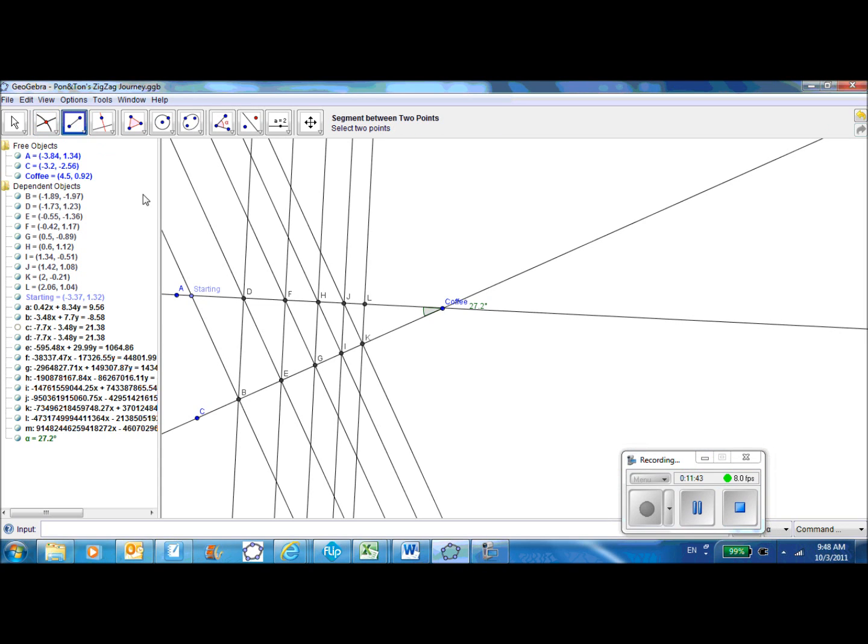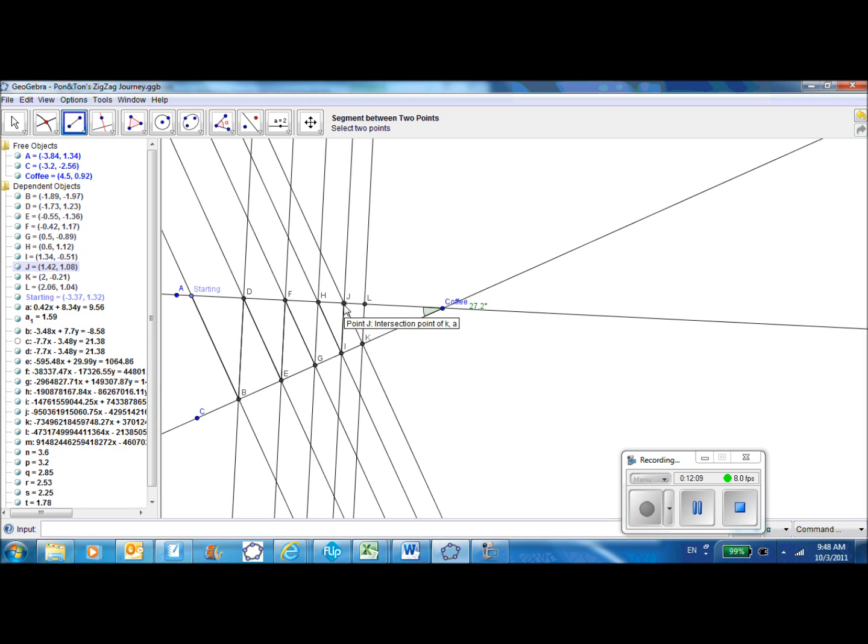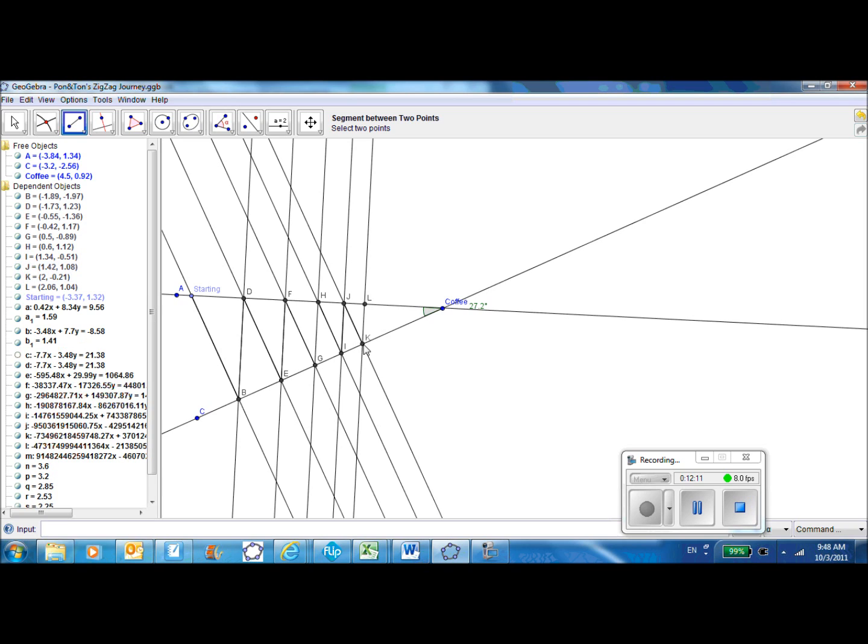So go to my segment tool and create a bunch of line segments from starting point to B, from B to D, D to E, there you go, E to F, F to G, G to H, H to I, I to J, J to K, and K to L.